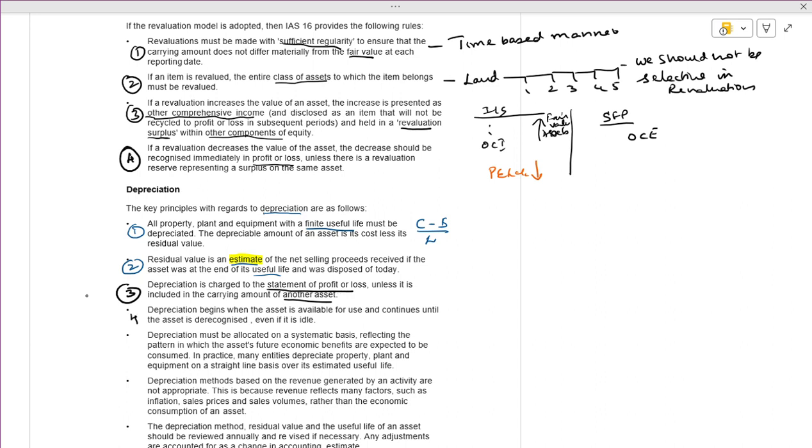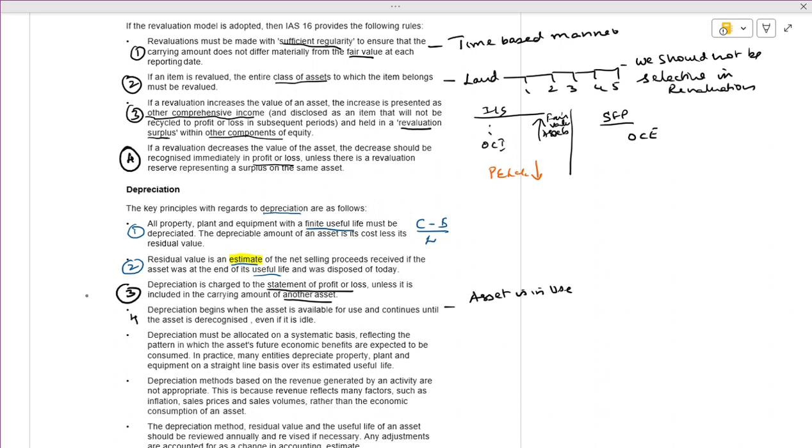Point number 4. Depreciation begins when the asset is available for use and continues until the asset is de-recognized. It begins when the asset is available, and if the asset is in use, we will apply depreciation until it is de-recognized, or removed from the balance sheet.